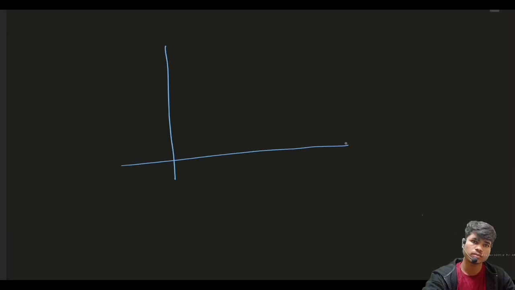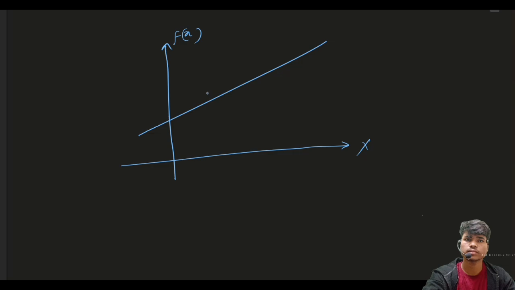Let us try to understand the concept of limit by taking a graph of a function. Suppose we have the graph of a function, and a value a on the x-axis, the corresponding function value will be f of a.